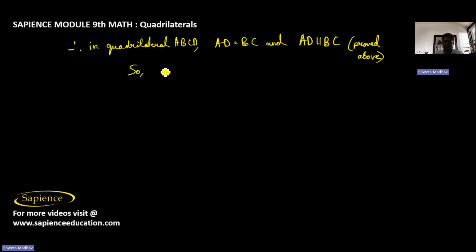So we can say that ABCD is a parallelogram. Since why? Since one pair of opposite sides are parallel and equal, so ABCD should be a parallelogram.